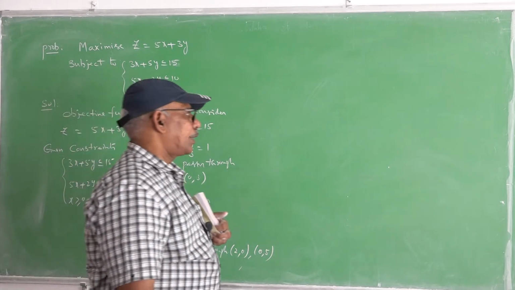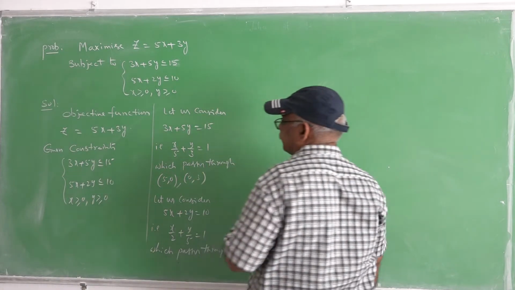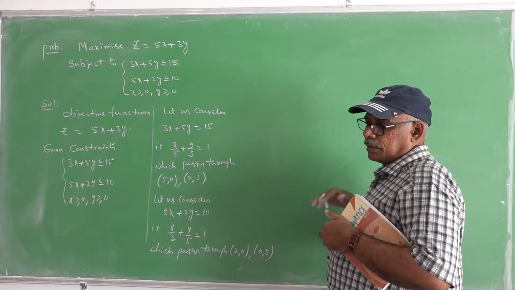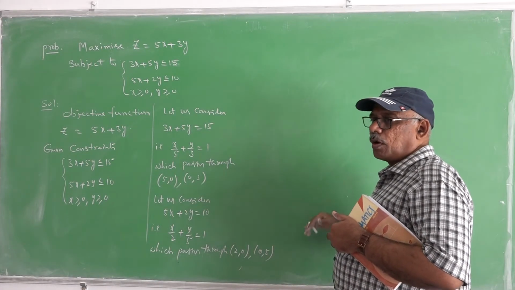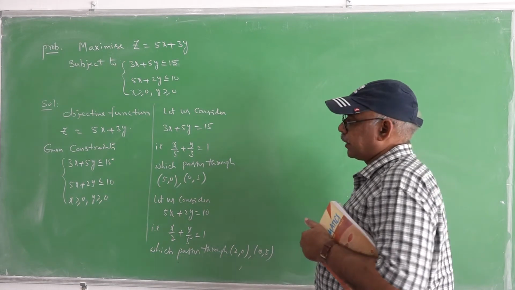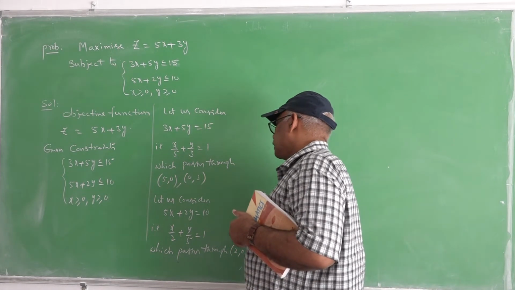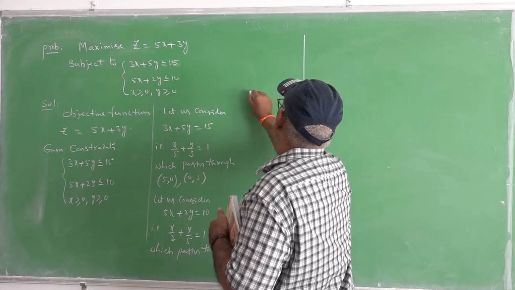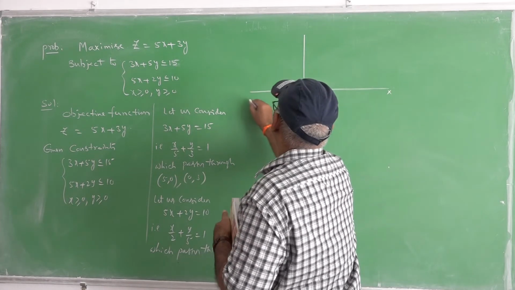X greater than or equal to 0 and y greater than or equal to 0 means both x and y are to be considered in the first quadrant, on the positive x-axis or positive y-axis. So the feasible region may be considered like this.